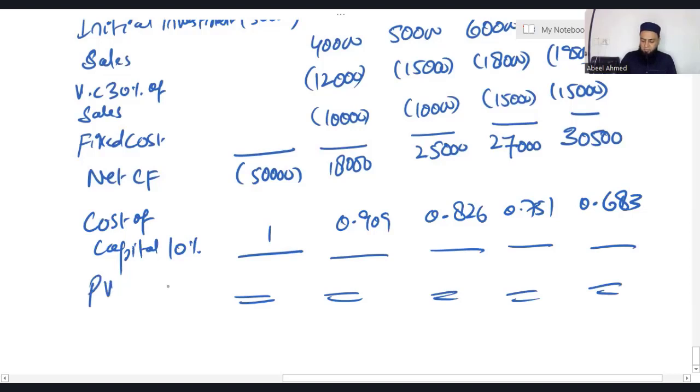Present value of net cash flows. Obviously, it is 50,000 at time 0.